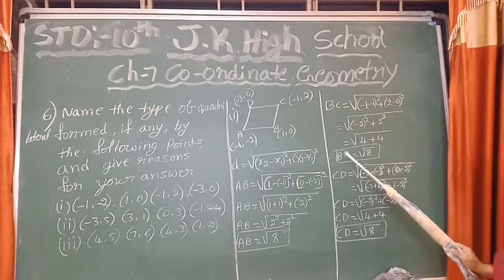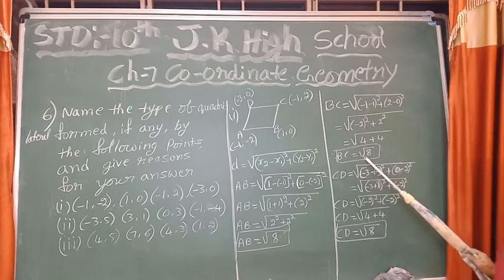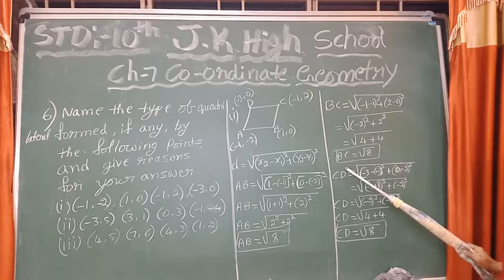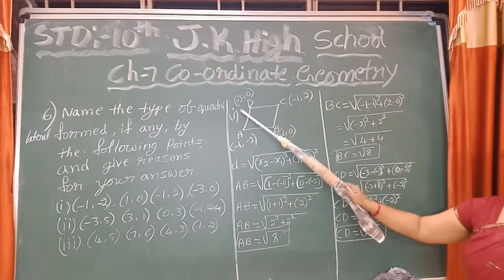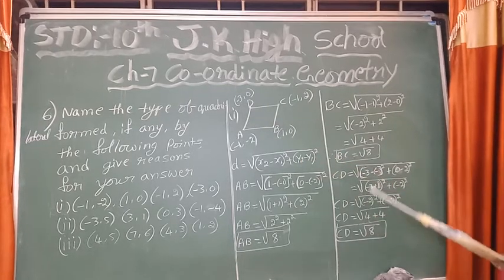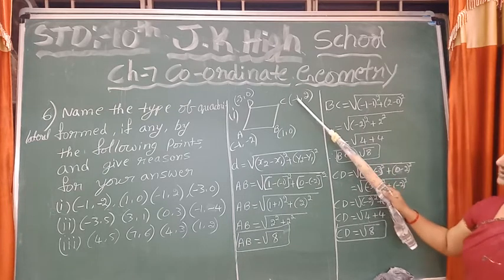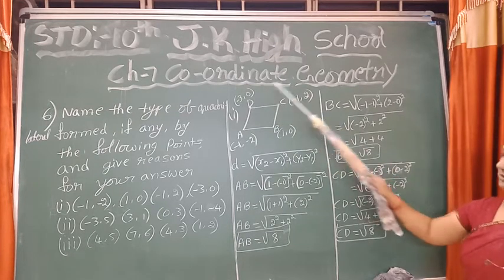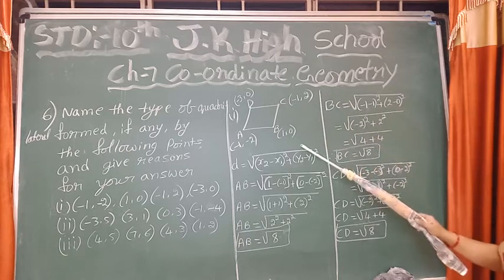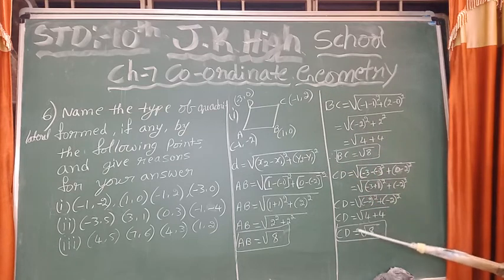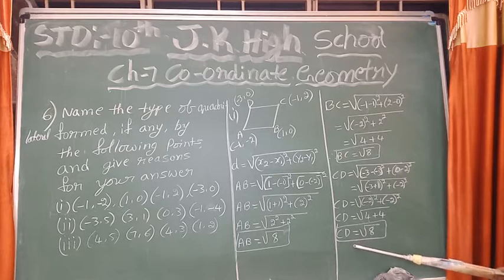I got the distance between B and C also root 8. In the same way I found the distance between C and D, and I got square root of 8 only. I took this one as x1, y1 and this as x2, y2, substituted in the distance formula, and simplified. The distance between C and D is also root 8.